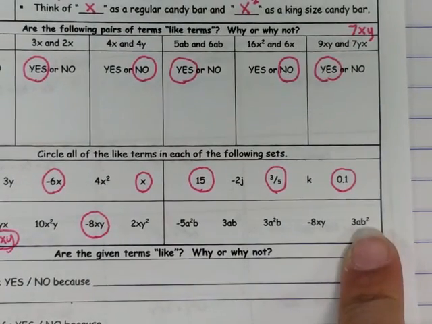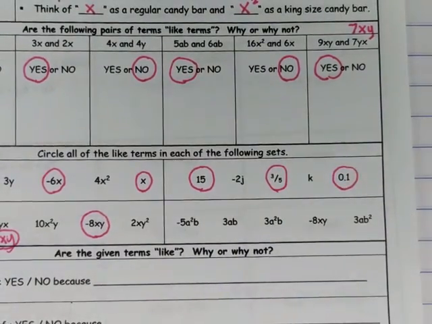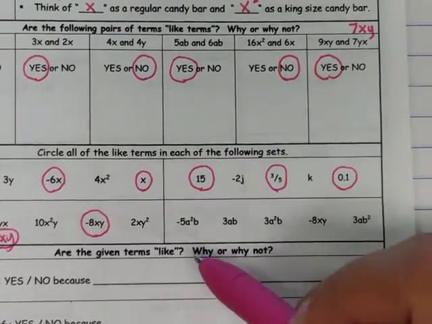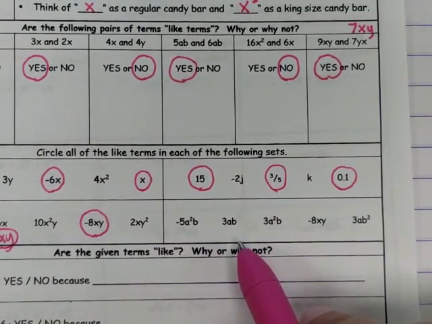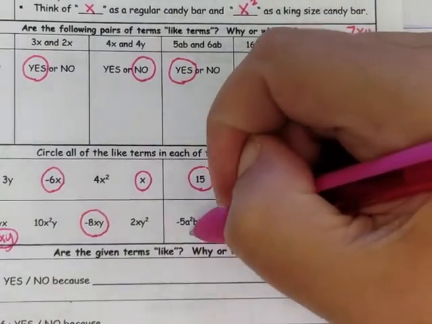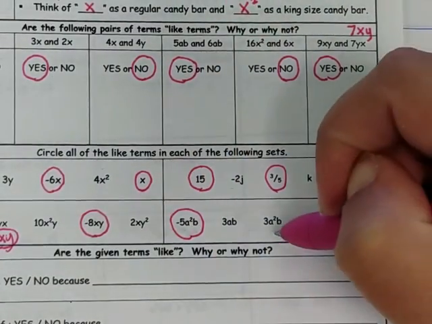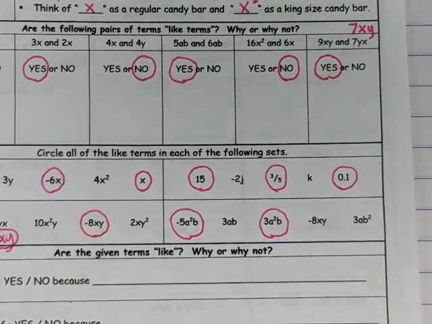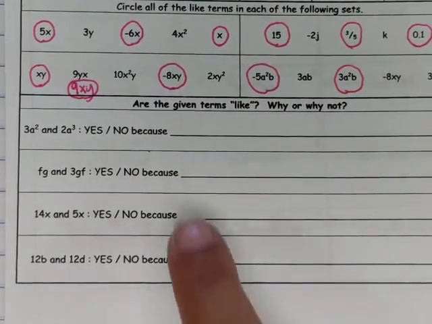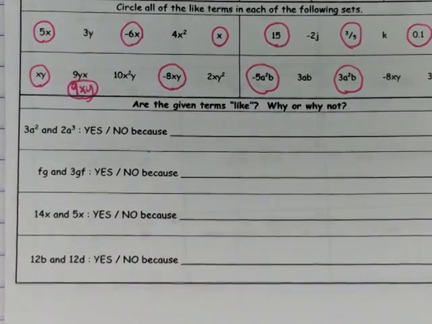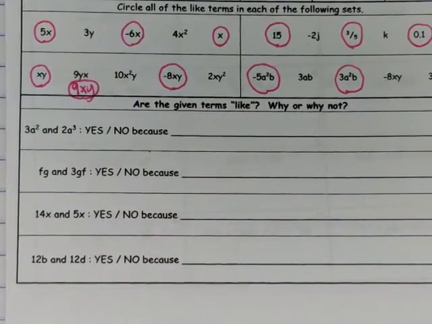And then this fourth set, what I can combine looks like the negative 5a squared b and then 3a squared b. Okay. All right, so what I would like for you to do is go ahead and complete these 4 and then tell me why you said yes or why you said no.